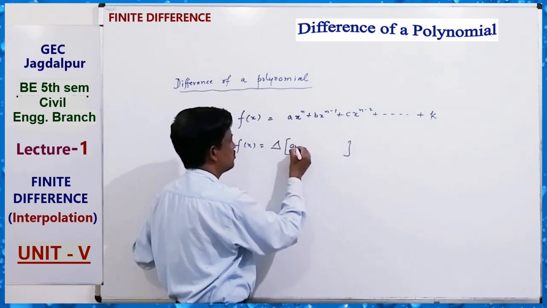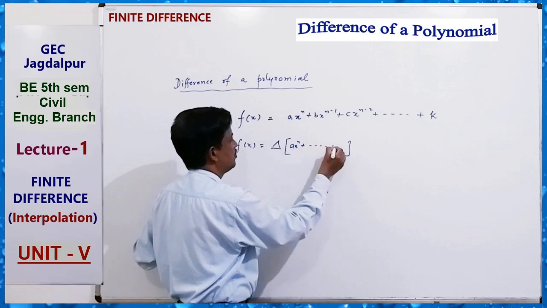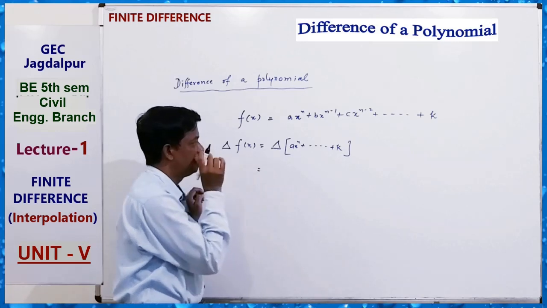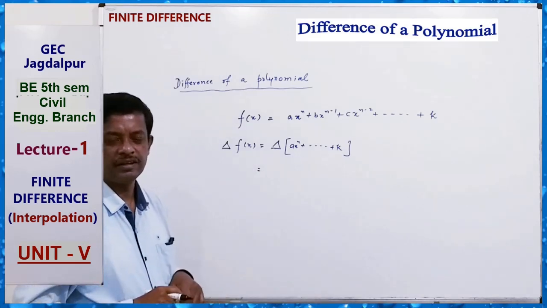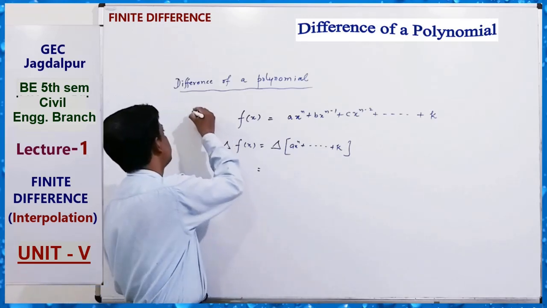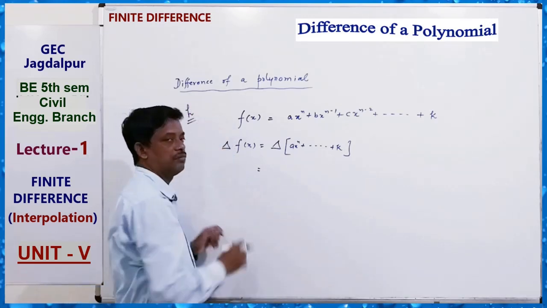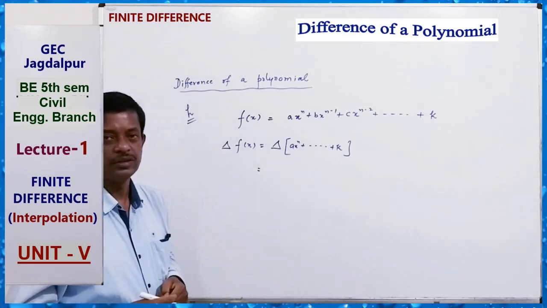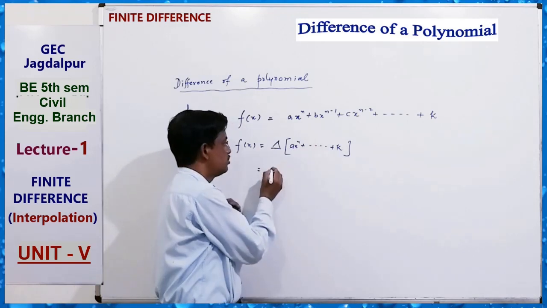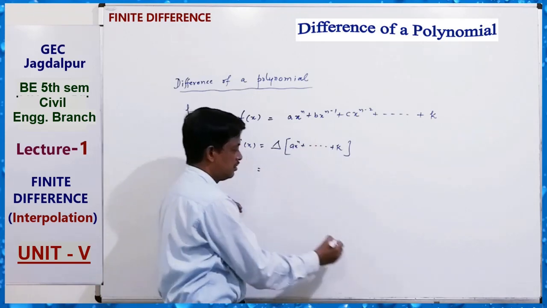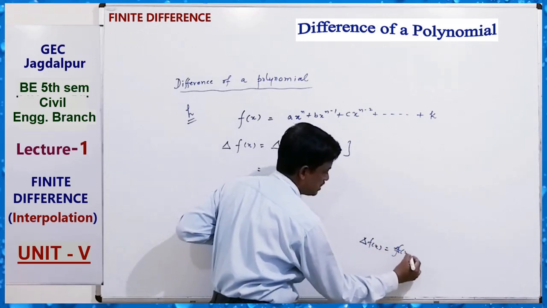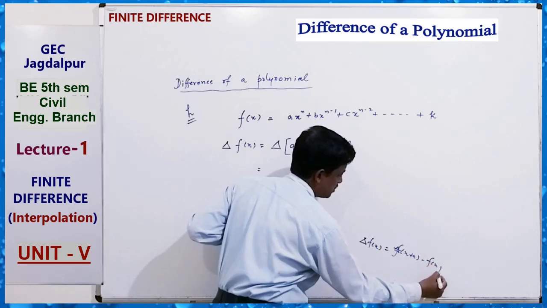Just put here a x to the power n plus up to k here. What if we take the difference, if we take an interval of difference at each edge, because of equal interval. So suppose this is the value, so we can write now the difference of the function f(x plus h) minus f(x). This is the definition.